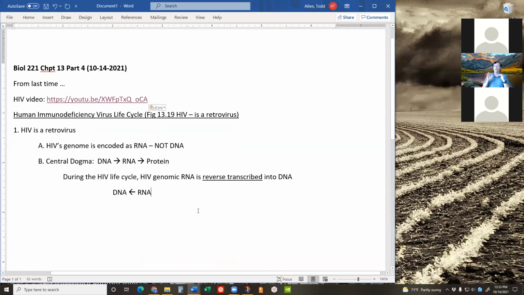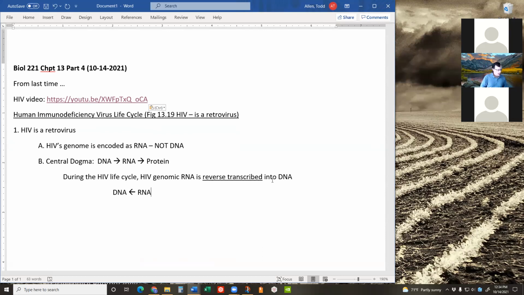We had just started talking about HIV, the human immunodeficiency virus, and we need to talk about what it is in terms of its structure a little bit. And then we also need to talk about how the virus infects the cell. How does it replicate? Those sorts of topics. I'm thinking maybe 30 minutes or so on this topic before we can pause and open the floor for questions.